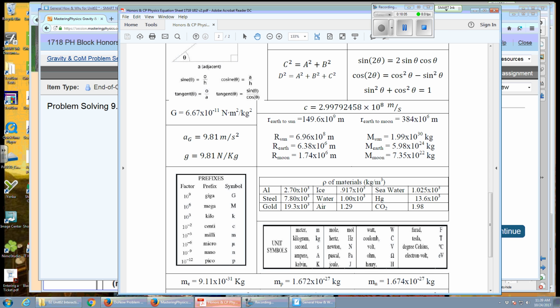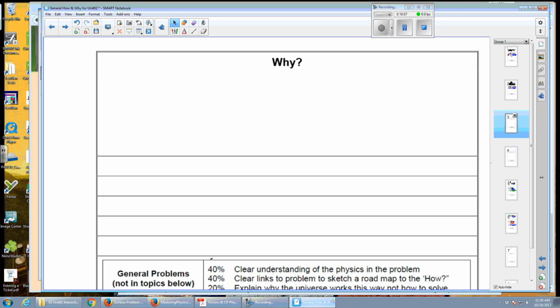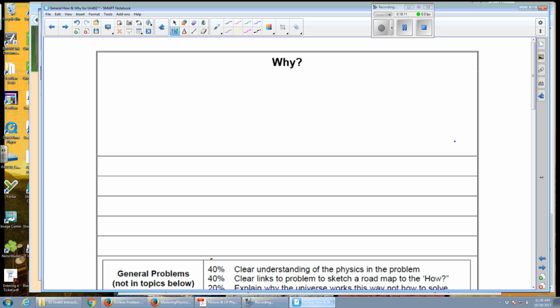So, let's see, things I know about gravity, gravitational field. The grav field is created, in this case, by the mass of the Earth.